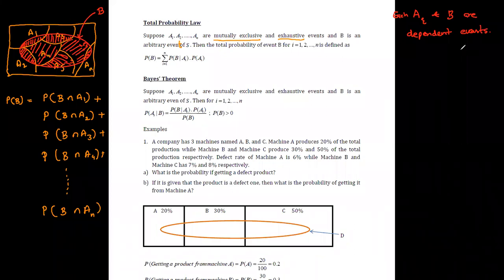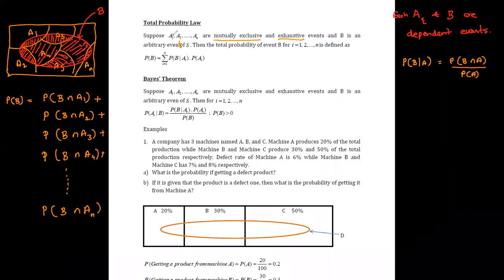Instead of this intersection, if we refresh our mind regarding what we have written as probability of B given A, not the intersect A, probability of B given A was obtained as probability of B intersect A divided by probability of A, where A is the already happened event.